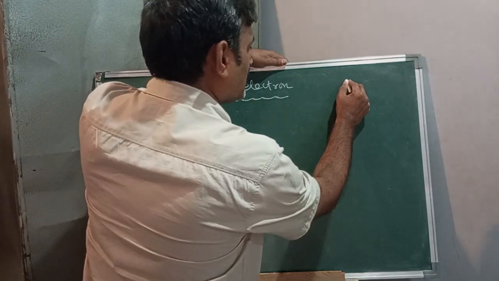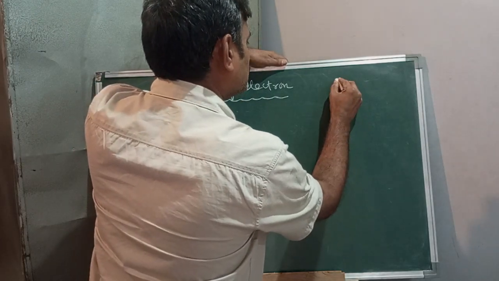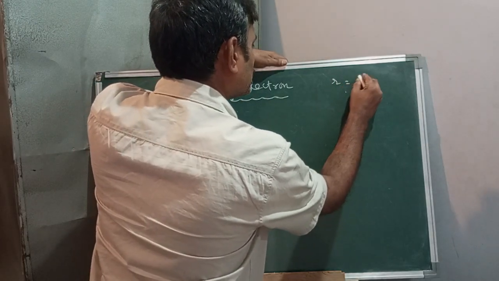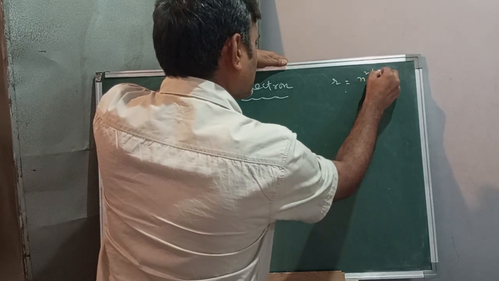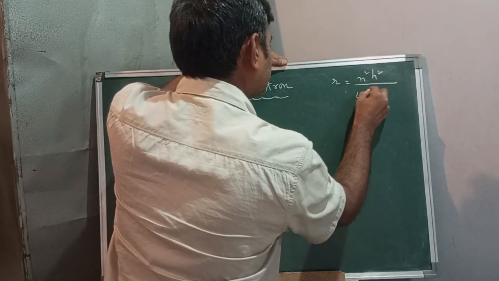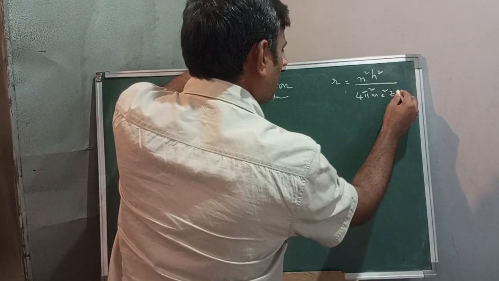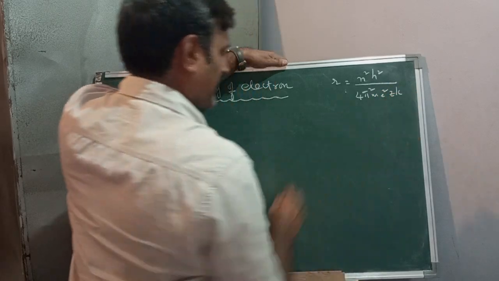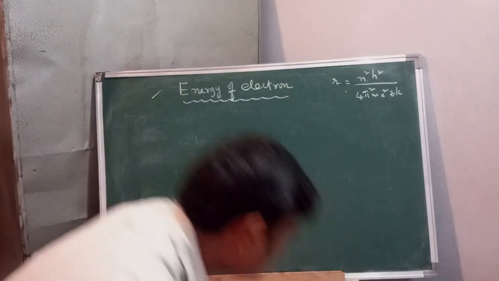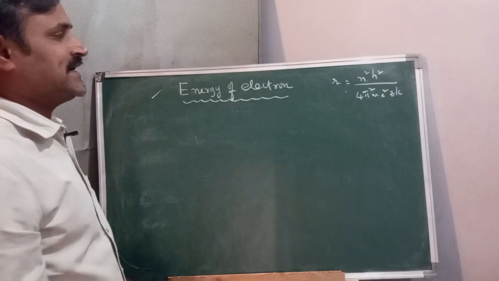One is the radius value, r is equal to what we have derived: n square h square by 4 pi square m e square z into k.